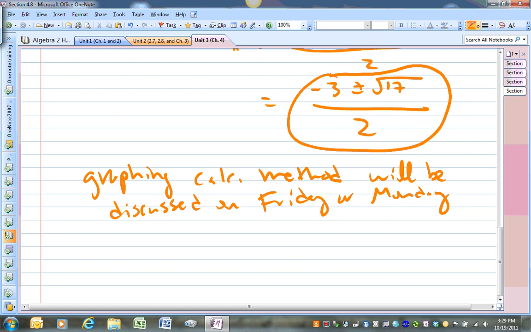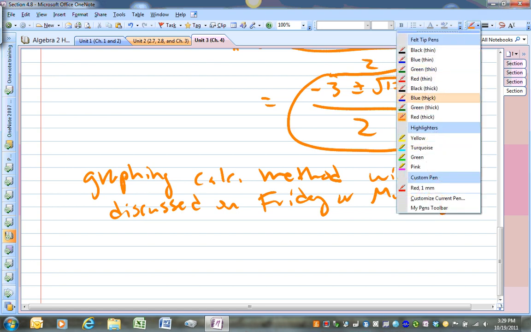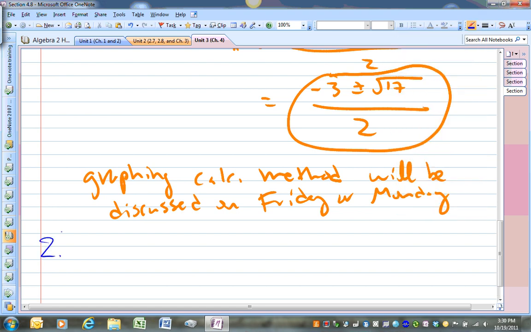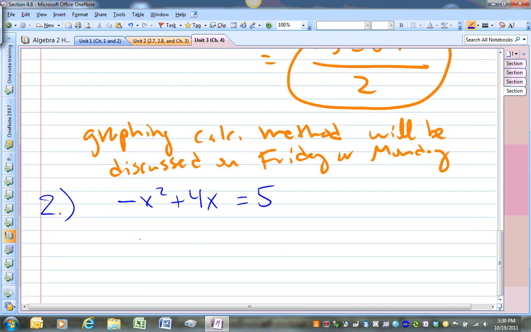Let's try a second example. Let's say I had you do something like this one here: negative x squared plus 4x equals 5. So we want to get everything on one side.